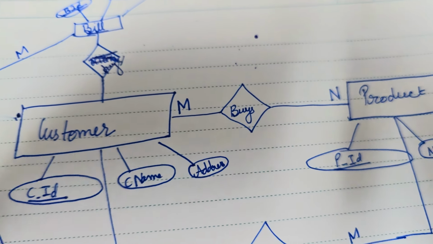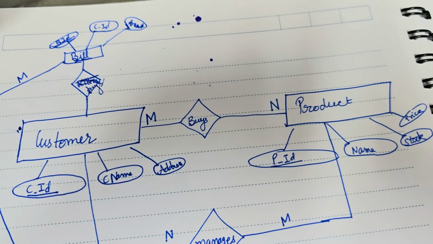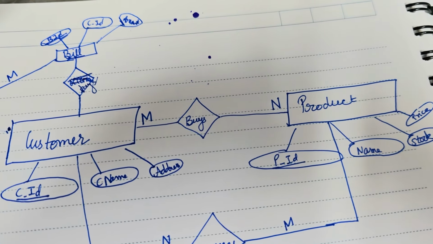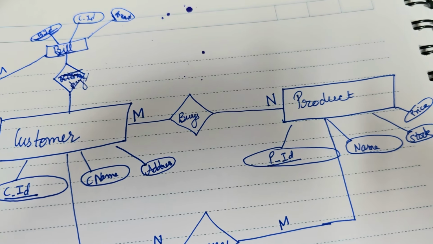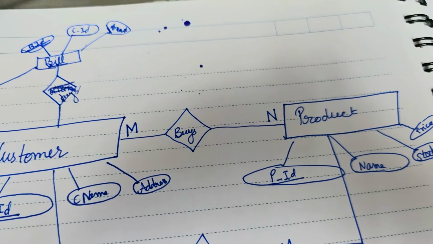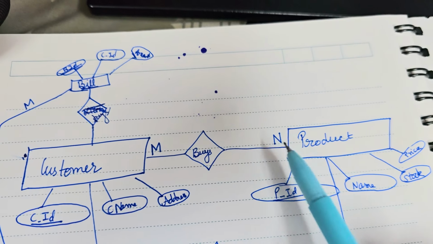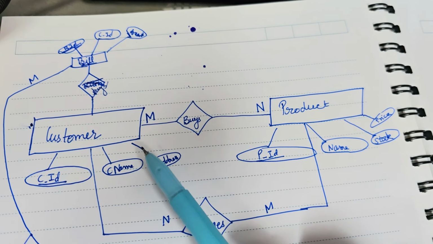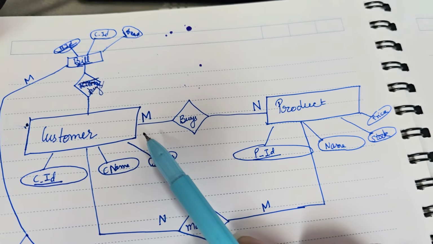As you can see, the cardinality between customer and product is m is to n. What is the meaning of this? It means that one customer can buy multiple products. So 1 is to m, because one customer can buy multiple products, and one product can be purchased by multiple customers also.